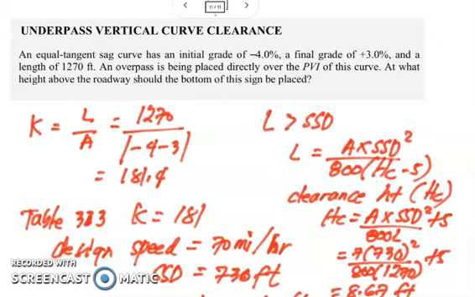This is the minimum requirement for the clearance height based on AASHTO. However, as per AASHTO, the desirable clearance height is equal to 16.5 feet. So this will be adopted, which is the desirable clearance height for an overpass construction.